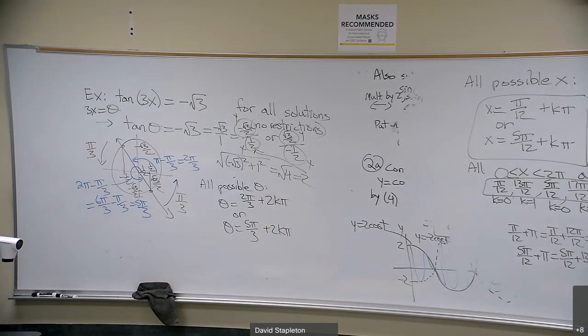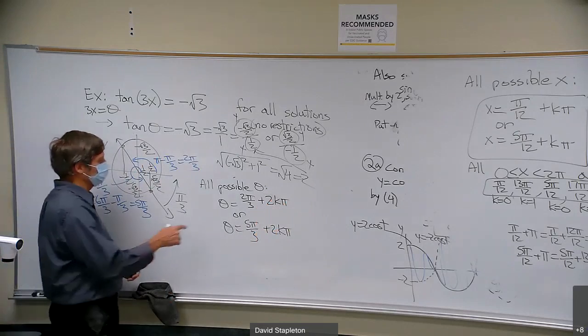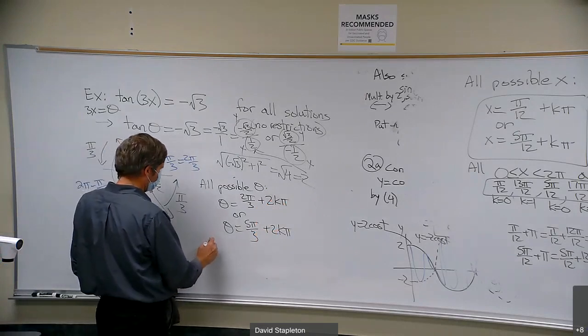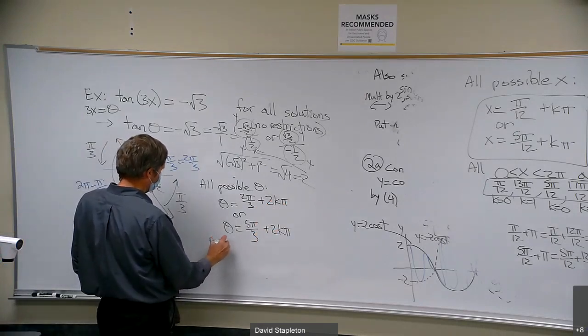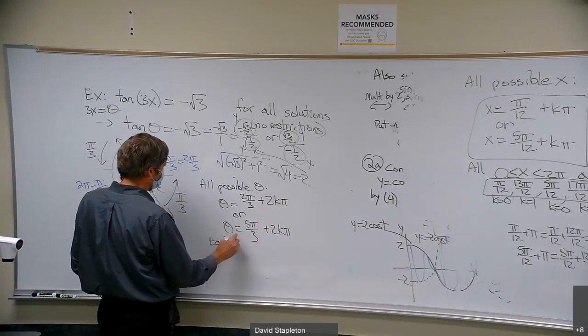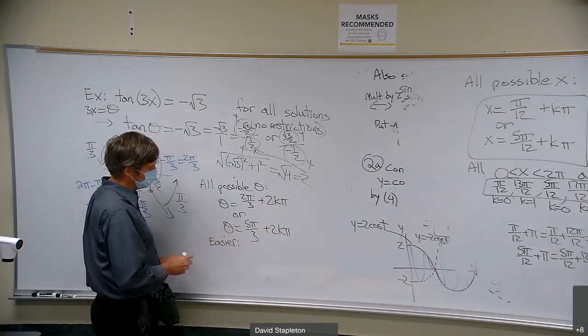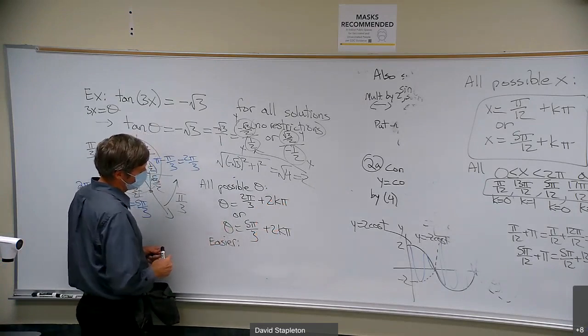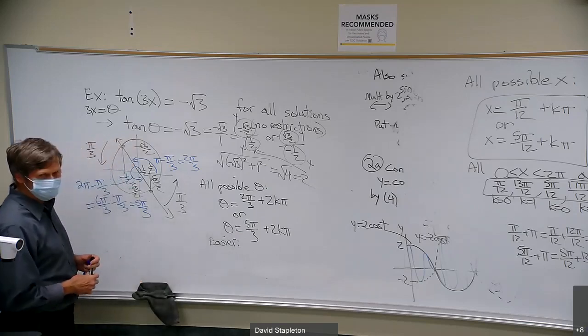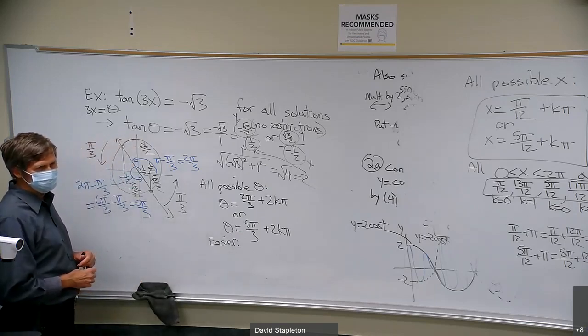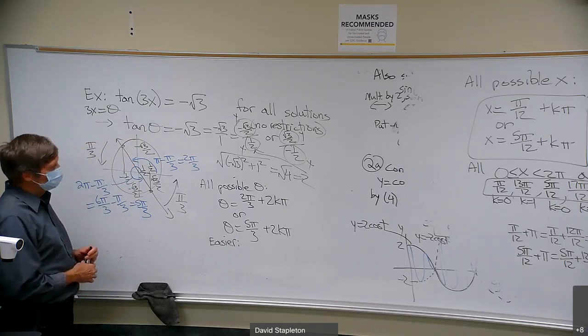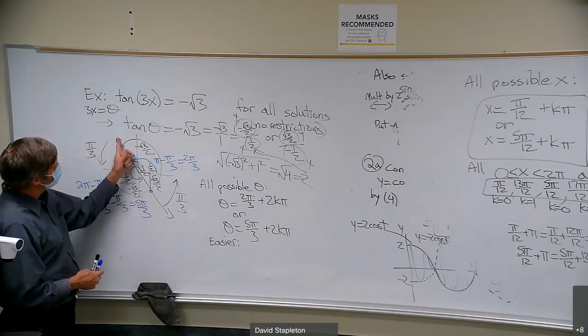Okay. Now, actually, there's an easier way to write it. Anybody see an easier way to write this? This is kind of messy. Write this all in one statement. See how to do that? How can I make that easier? These terminal rays are directly opposite each other.